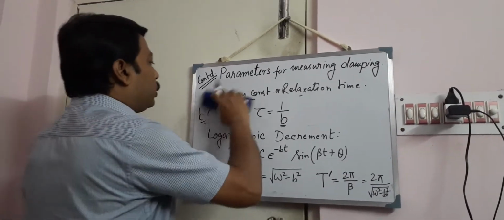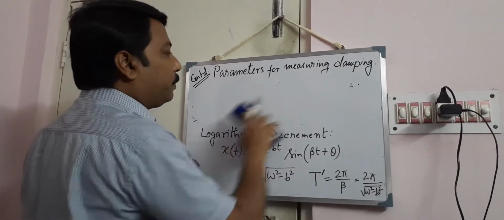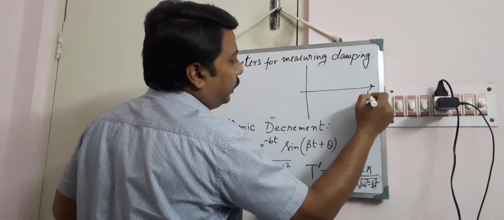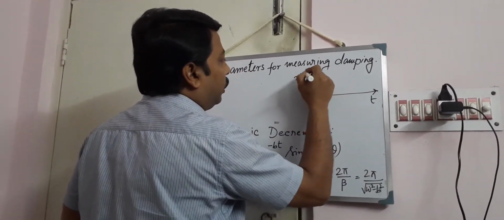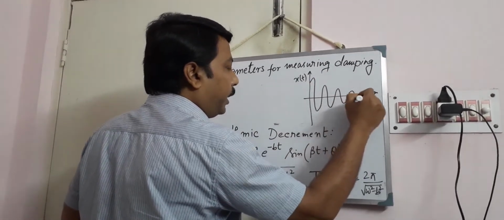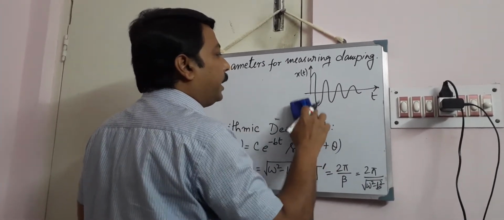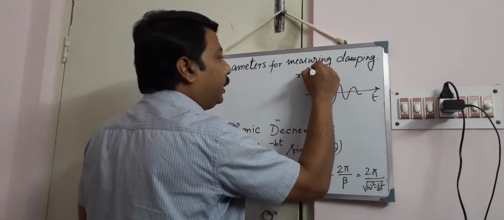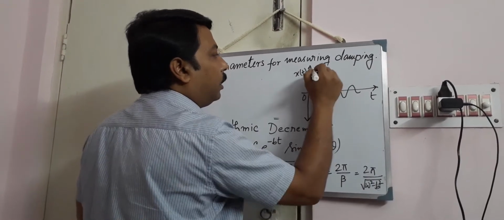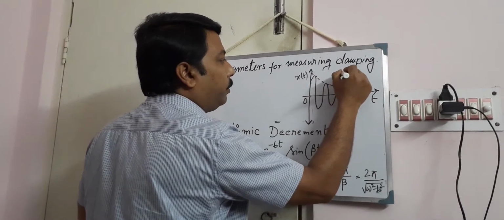Now, if I draw a graph of this displacement versus time, we have seen in the last lecture that this graph will appear like this. So what we find is that the amplitude of oscillation gradually decays with time, and this envelope will be like the e to the power minus bt curve.